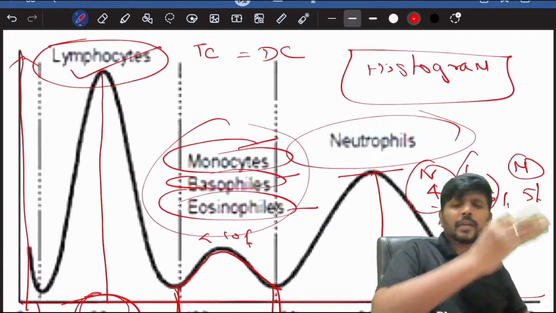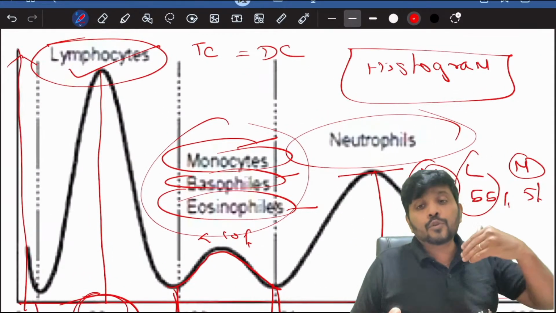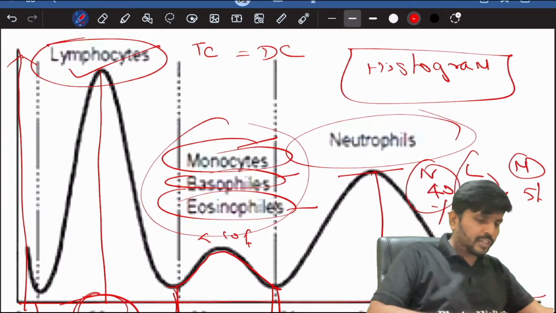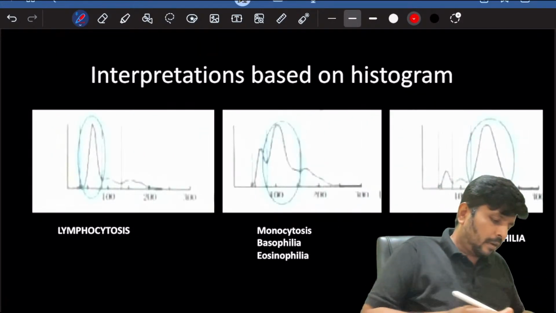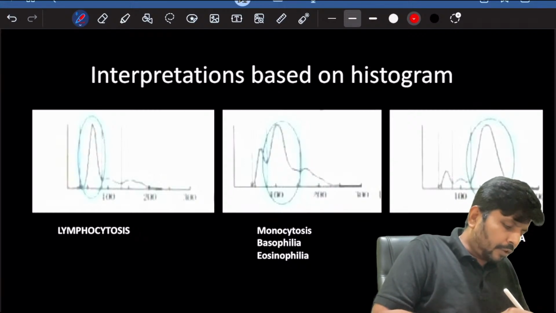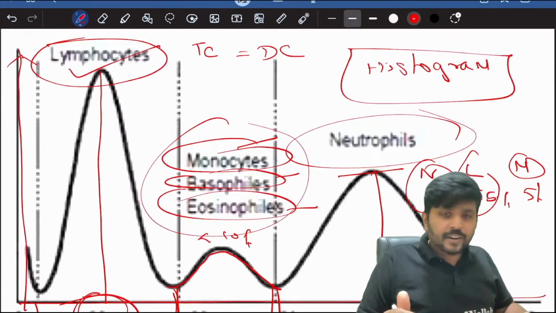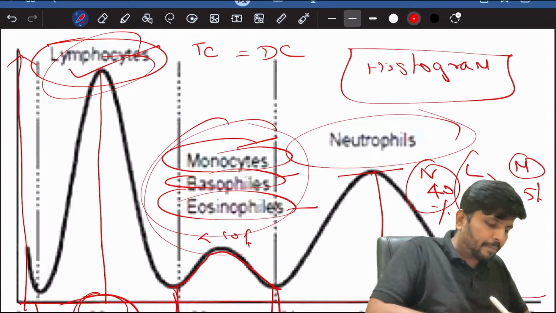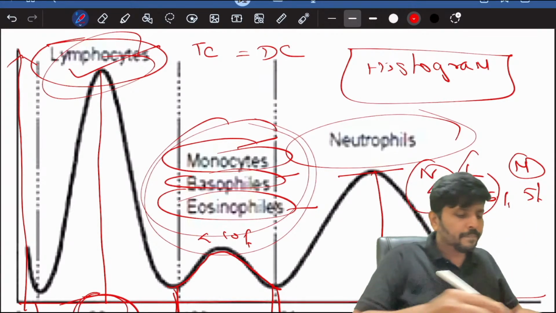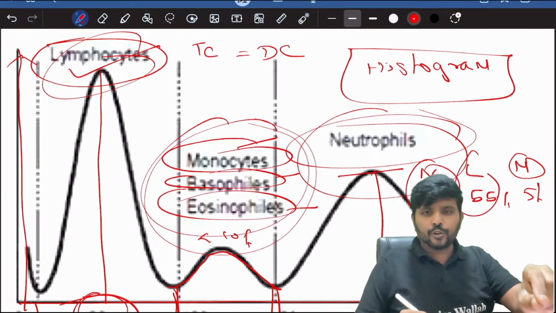Right? In the course of time, tomorrow I will be taking all those things. Look at this, very, very easy. I repeat, the first peak is lymphocyte, the second small peak is by monocyte, basophil, eosinophil, and the third peak is by neutrophil.